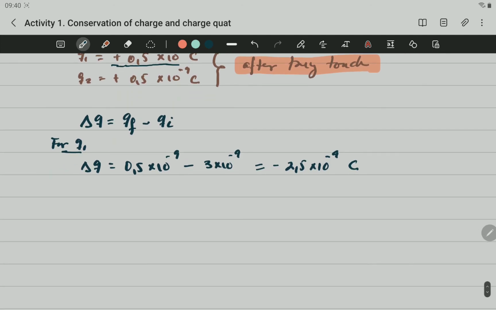Or you can also do it for Q2. You don't have to do it for both. I'm just doing it to see that it's the same answer. You can use either one of them.